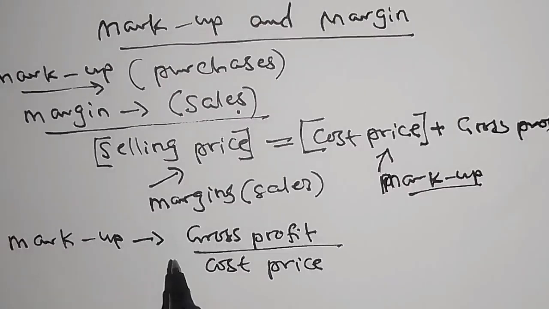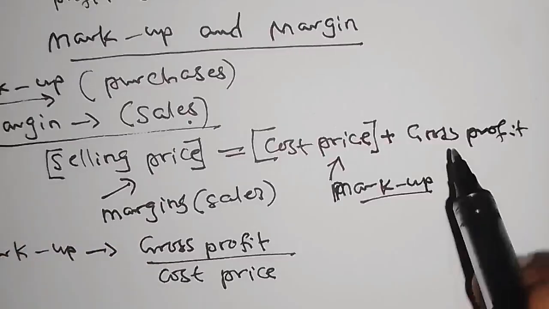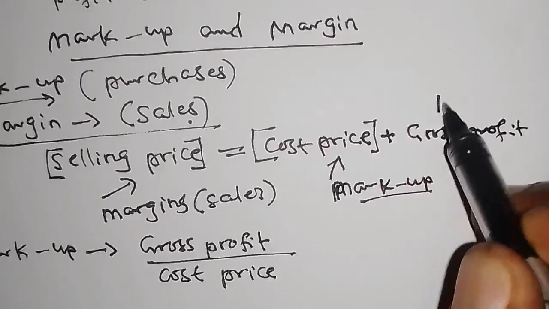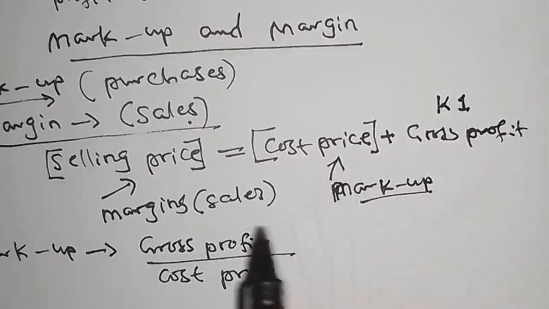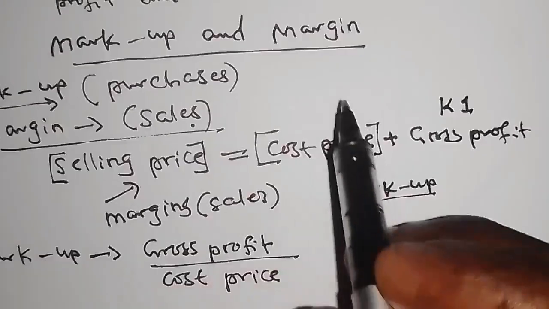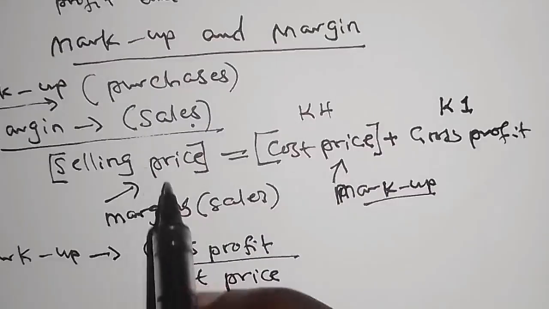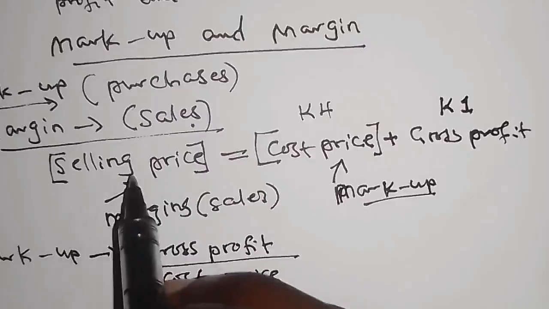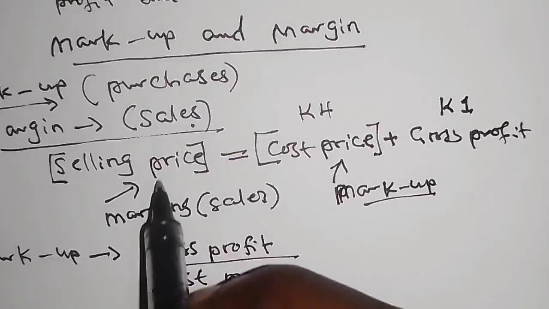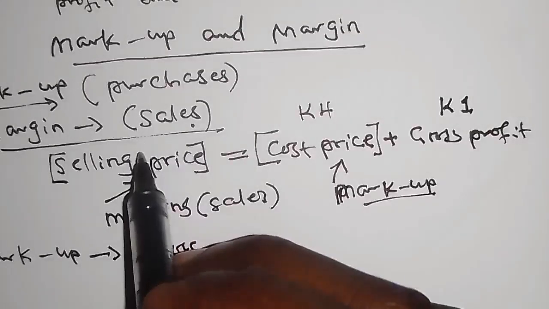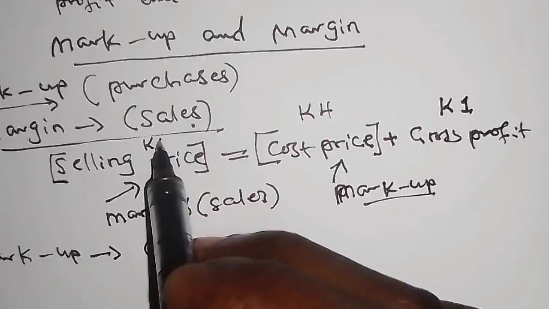Now from this simple equation, let's say the gross profit per sale is 1 kwacha, the cost price per item is 4 kwacha, and the selling price per item is 5 kwacha.